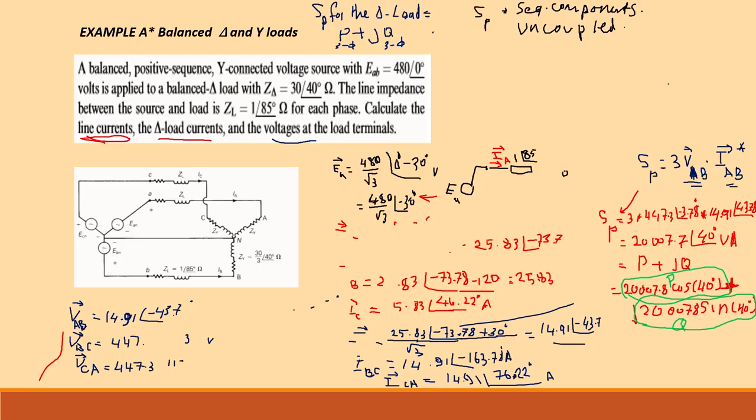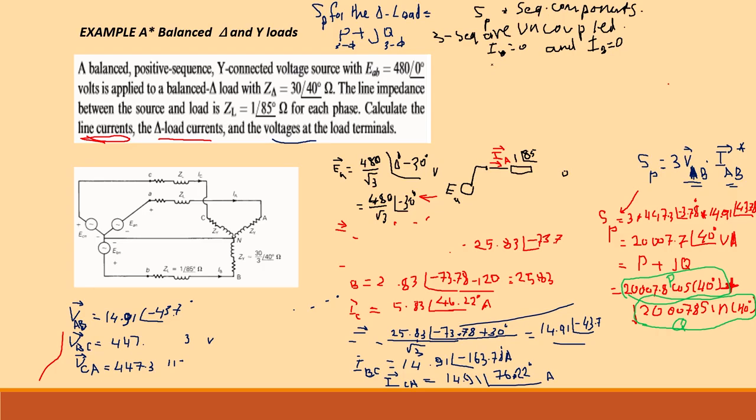The three sequences are uncoupled, which means that I naught is equal to 0 and I2 is equal to 0.